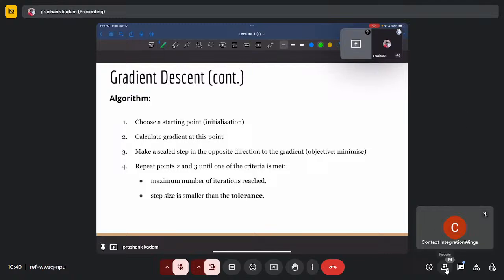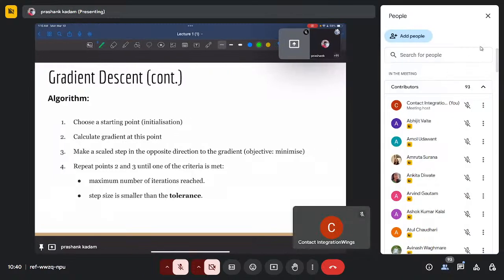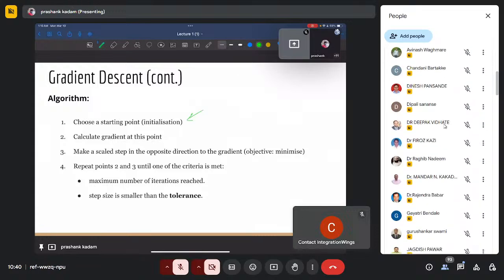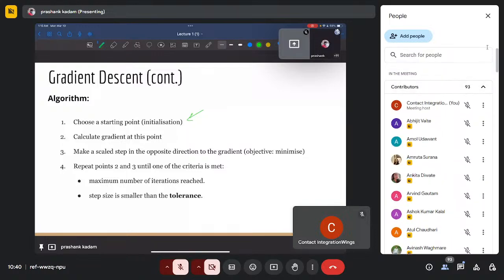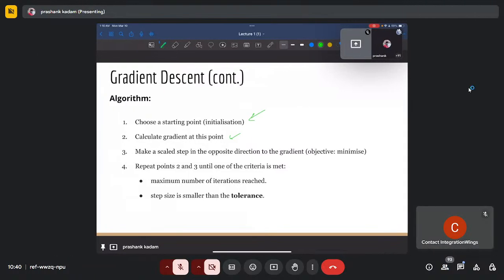Now finally, gradient descent. This is the rough pseudocode for writing gradient descent. You take a starting point, you initialize at that starting point, you calculate the gradient at this point, you take a scaled step, where scaled step means your learning rate, and you keep on iterating over the same process. You try to minimize to the point where you reach your tolerance.